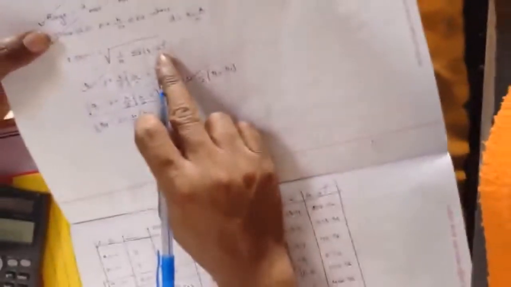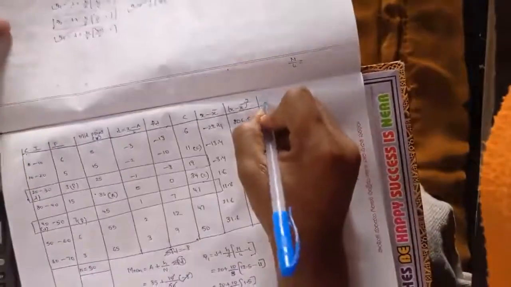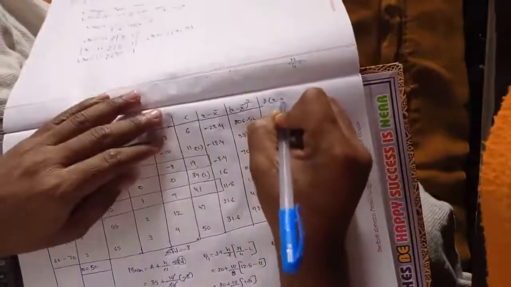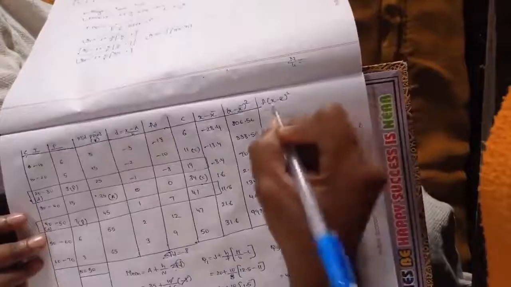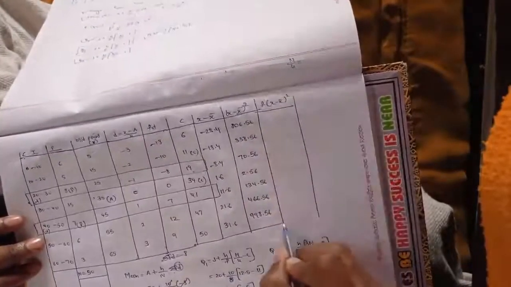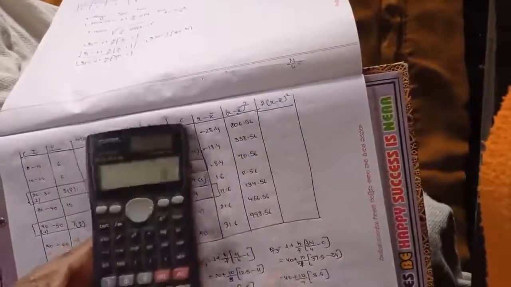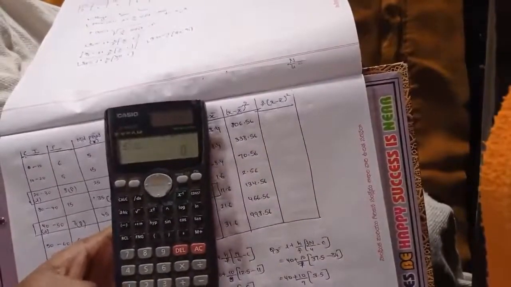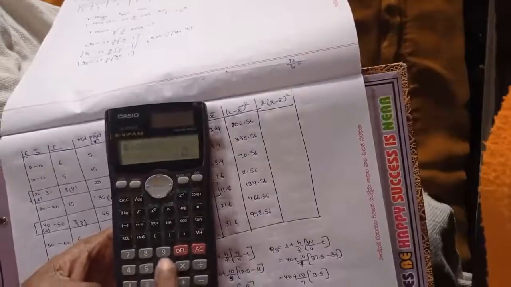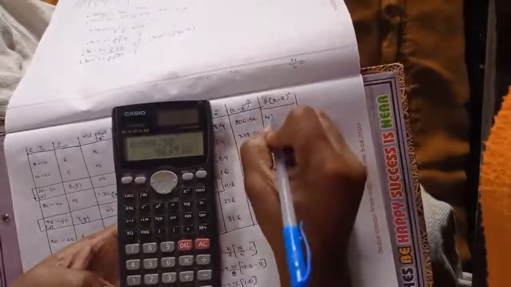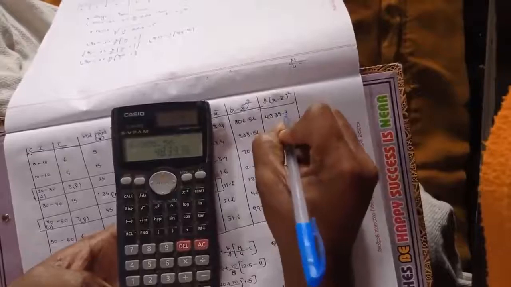So we have calculated the x minus x bar whole square column also, but we need f into x minus x bar whole square. So now we have to multiply the x minus x bar whole square with the frequency. So let us do it. So f of x minus x bar whole square. What is f? If it is 6, so 6 into 806.56, it is 4839.36.